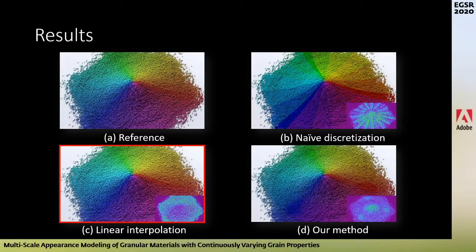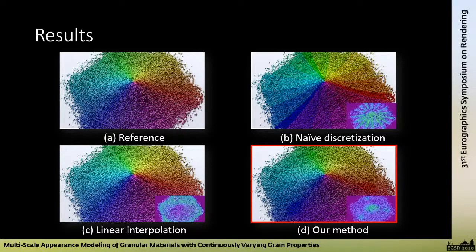Another baseline is to approximate GSDF for a given density and albedo by interpolating the pre-computed parameters at the discretized grain properties. However, this still yields limited physical accuracy. Relative error with respect to the reference image is shown at the bottom right corner. In comparison, our method offers significantly better accuracy.